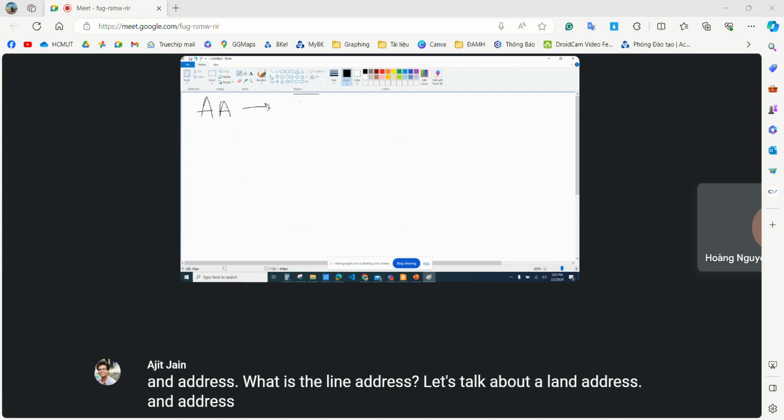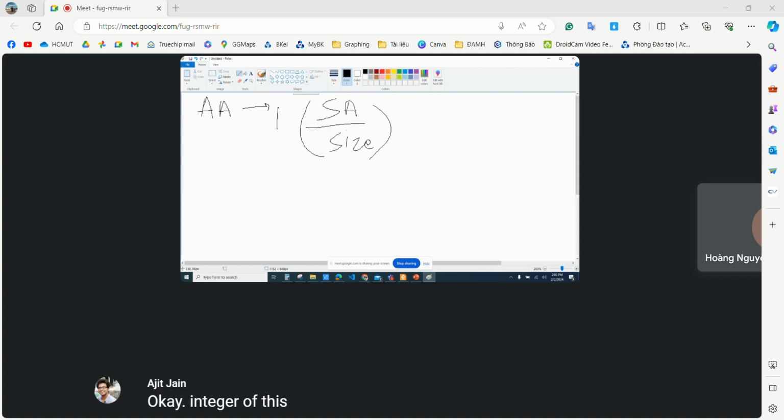Align address is equal to start address divided by size, integer, or you can say into size. So this is your align address.